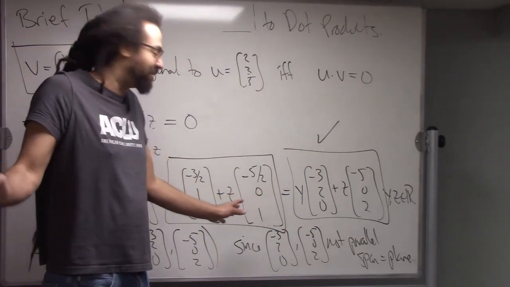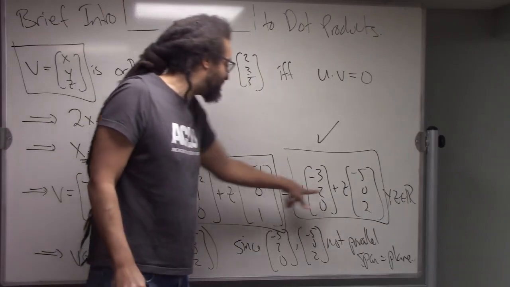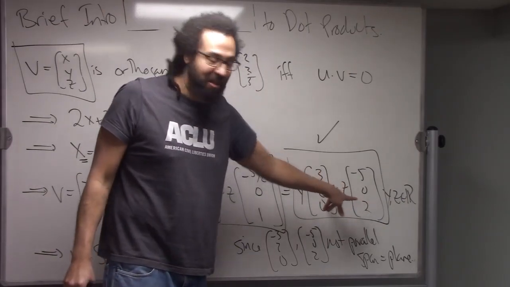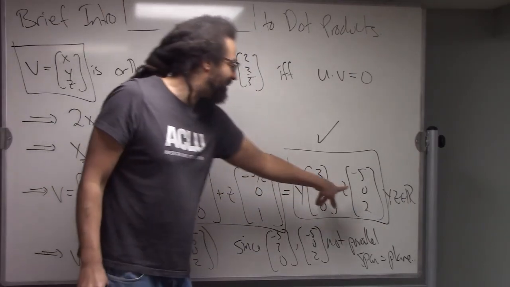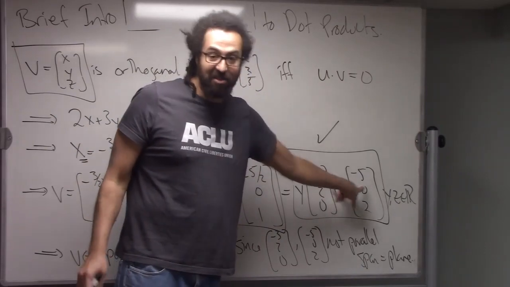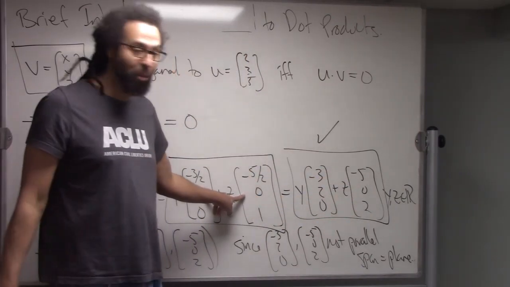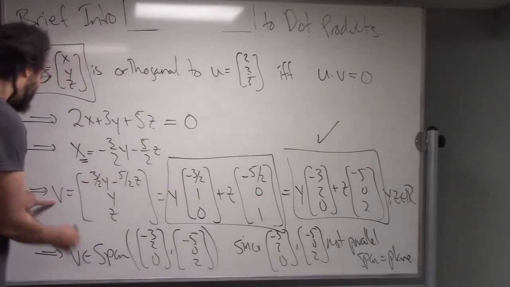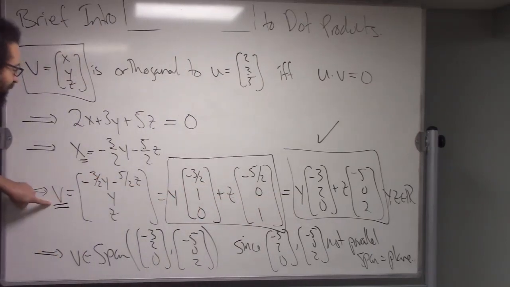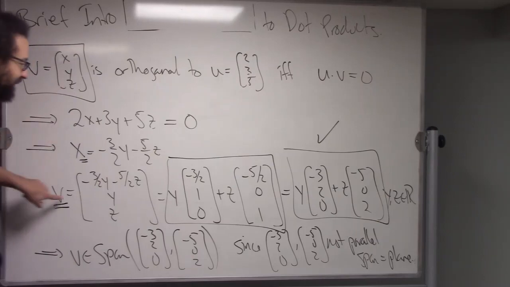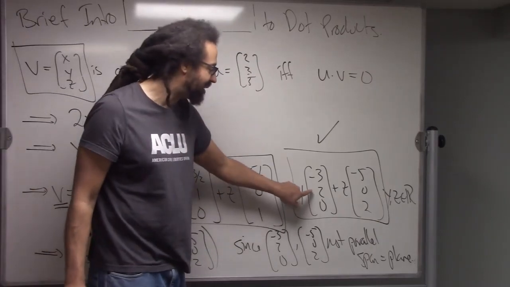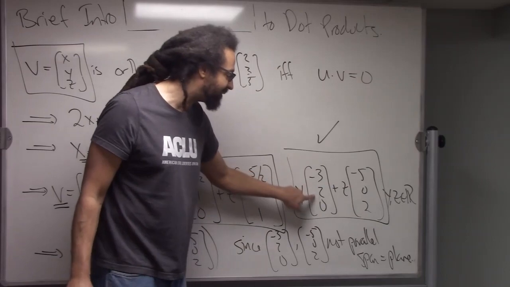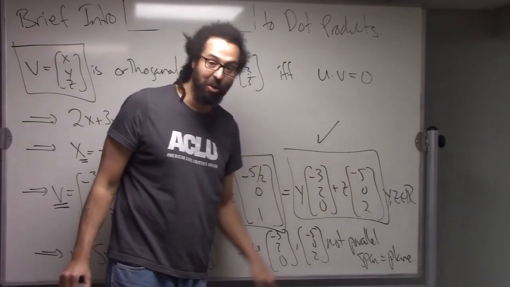That's the only difference. These two vectors sweep out the same thing, and I would rather just use the representation that doesn't have fractions. You can use this if you want, no problem. So now, what do we know about V? We now know that V, what we started with, is a linear combination of these two vectors, -3, 2, 0 and -5, 0, 2.